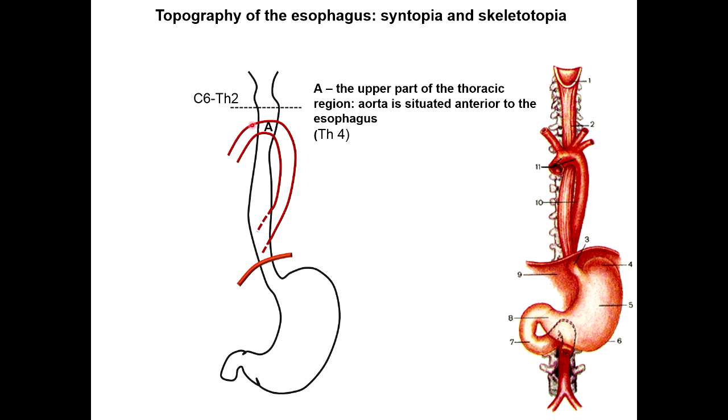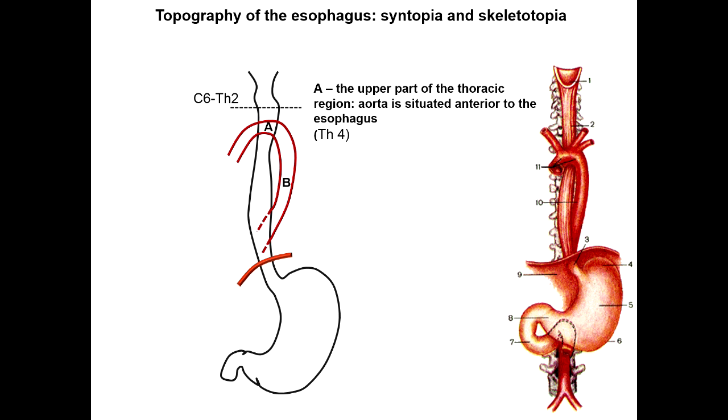And this place of cross-section of aorta and esophagus we can mark as the fourth thoracic vertebra, T4.